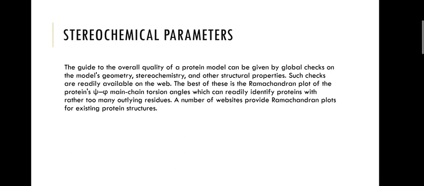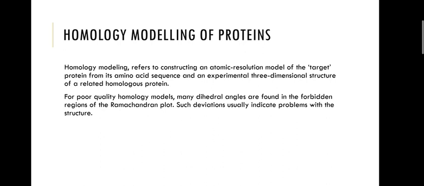Coming to the stereochemical parameters, the best technique to assess a protein conformation is the Ramachandran plot, where phi and psi main chain torsion angles are readily identified, and a number of websites provide the plots for existing protein structures. We can compare our model to the already existing protein structures. It can also be used in homology modeling.